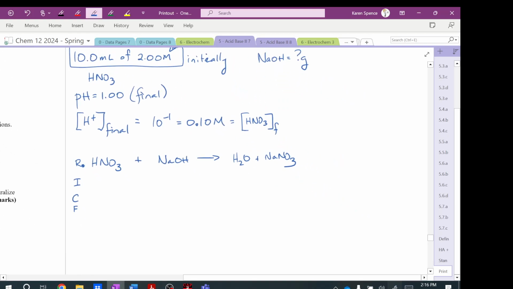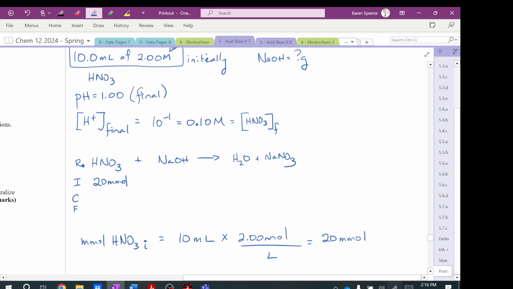So millimoles of HNO3 initial, 10 milliliters times 2 moles per liter gives us 20 millimoles. Okay, so we have 20 millimoles.